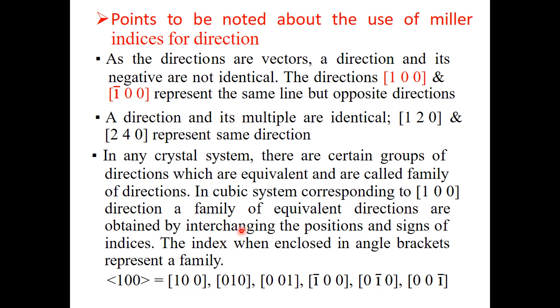We can see the different directions which come under the family of direction 100. They can be obtained, as said, by interchanging the positions and signs of indices. So that's the procedure to obtain the various directions coming under the family of directions. So here we can see 100, that is one direction, 010, and third one 001. Remember, you need to put the numbers inside square brackets, then only it will represent a direction.